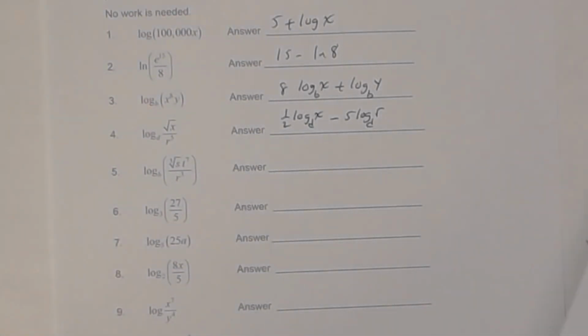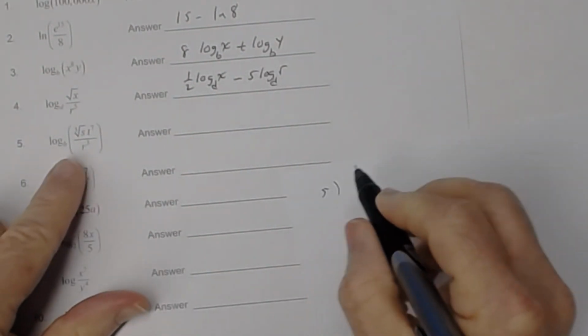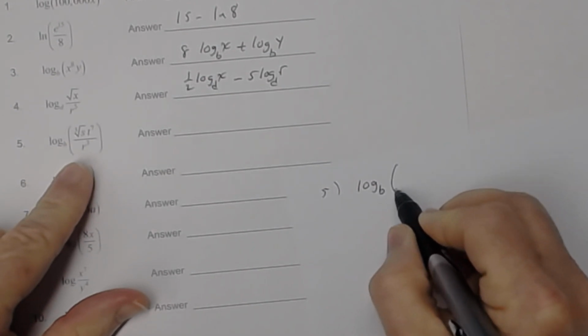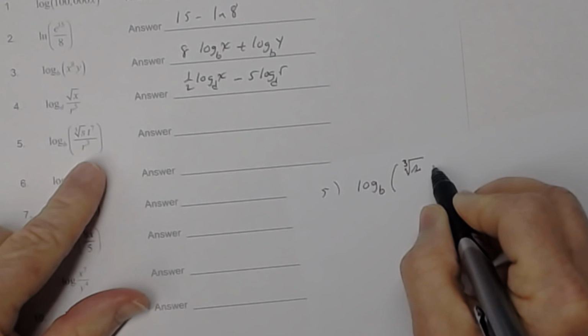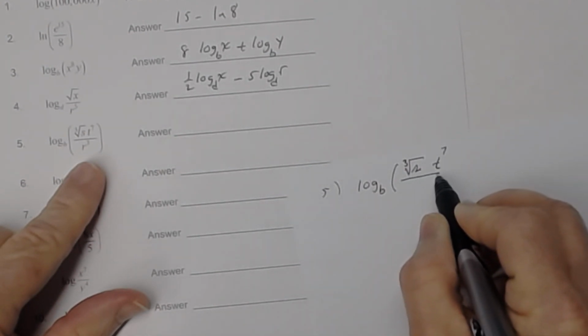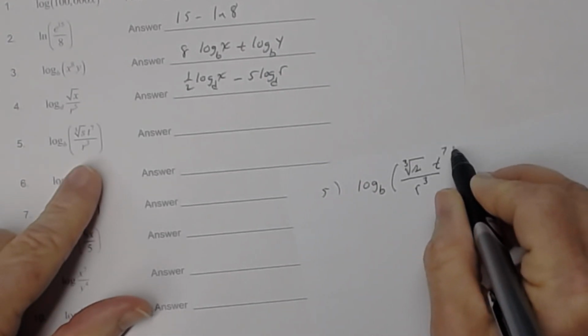Number 5, we have this situation. There's number 5. We have the log base b of the cube root of s times t to the 7th power. So that's the numerator. The denominator is r cubed.